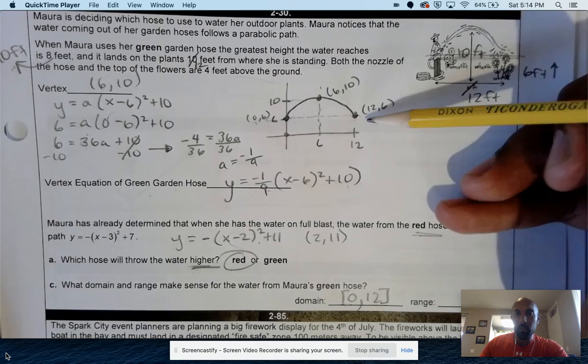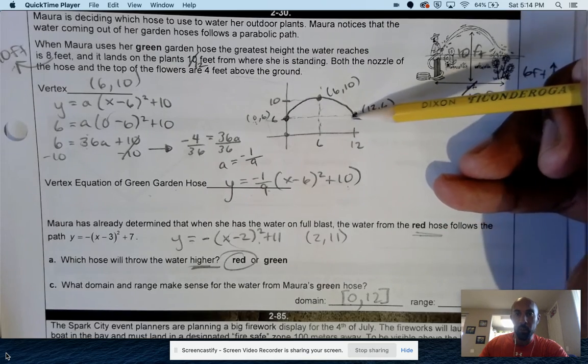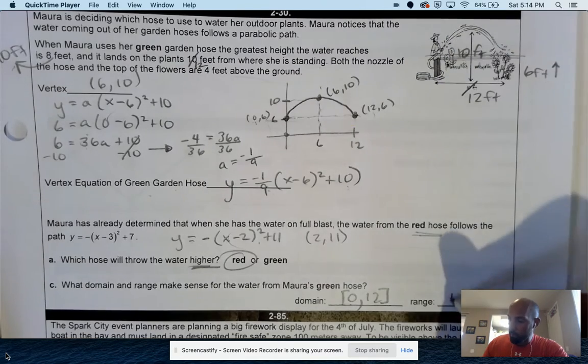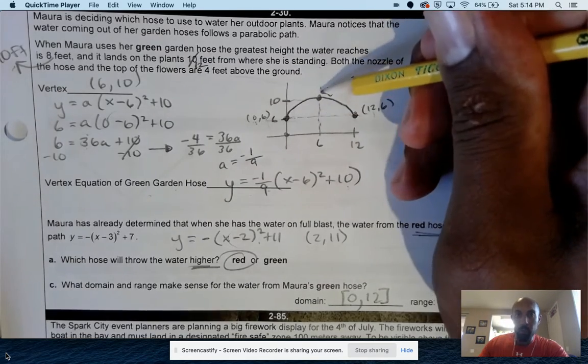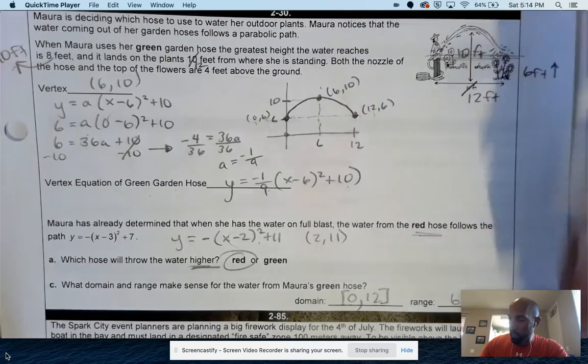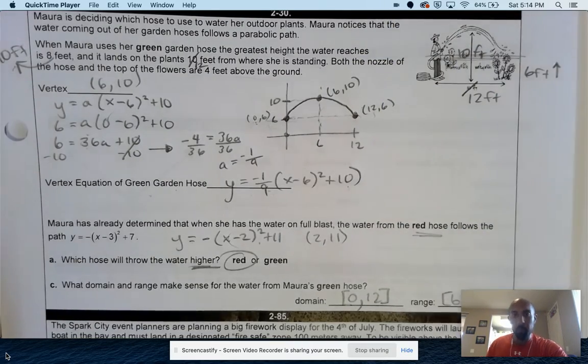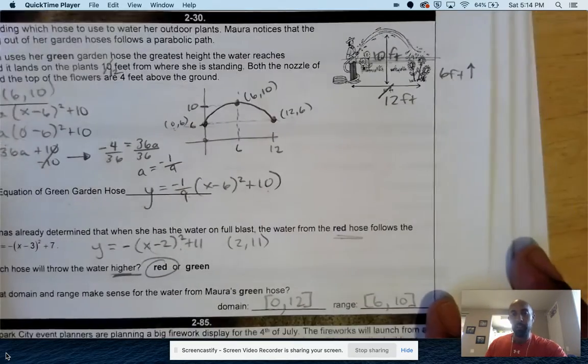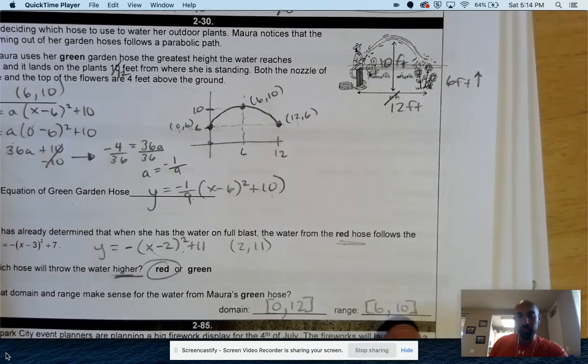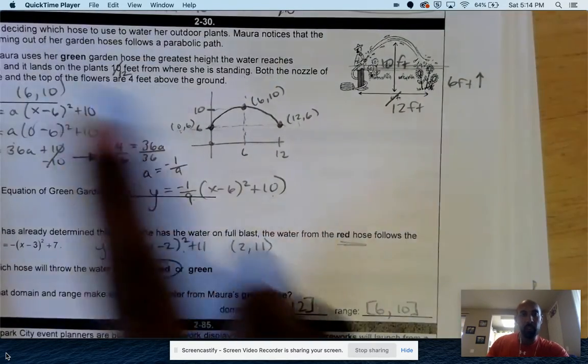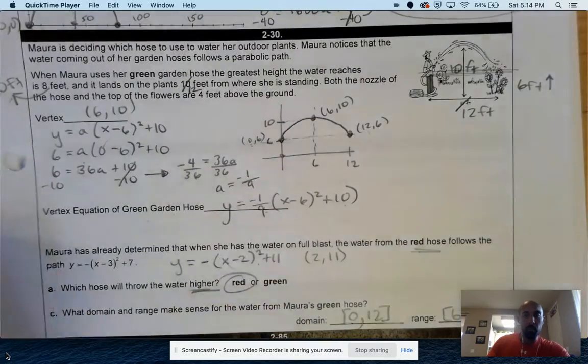Now the range: that's the lowest y value, which is 6, and then the highest point of the graph, which is at 10. Those are also included, so we put a bracket. Oops, sorry, you can't see it because the webcam's in the way, but it's [6, 10]. Go ahead and try that with your problems.